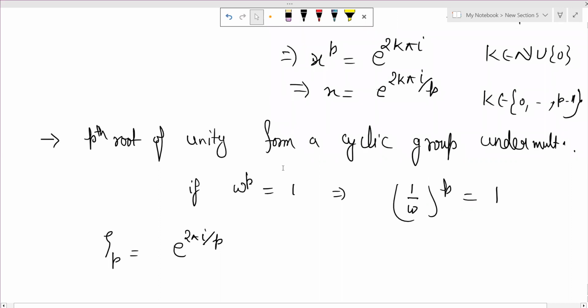The number of elements of the group is equal to the degree of zeta. Basically, from the powers of zeta you can get all the roots. So this is the generator of the cyclic group.